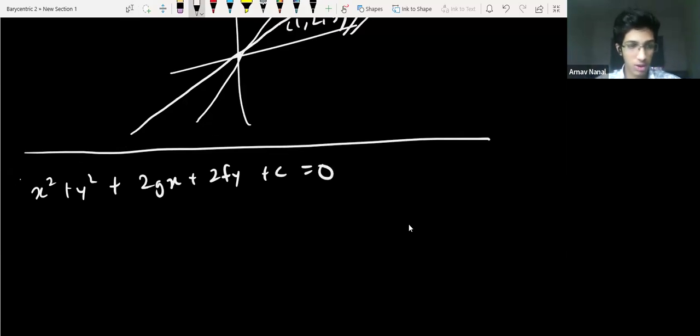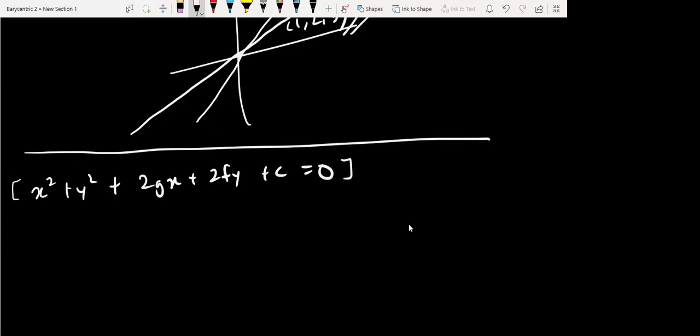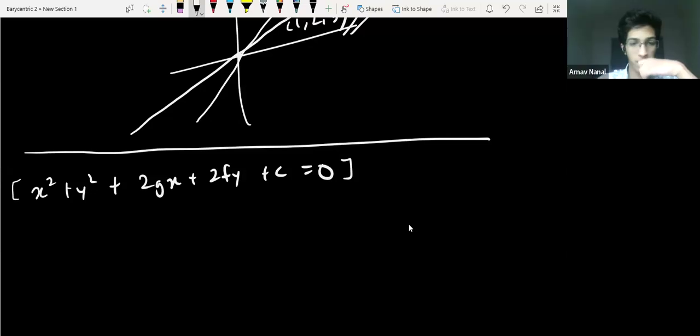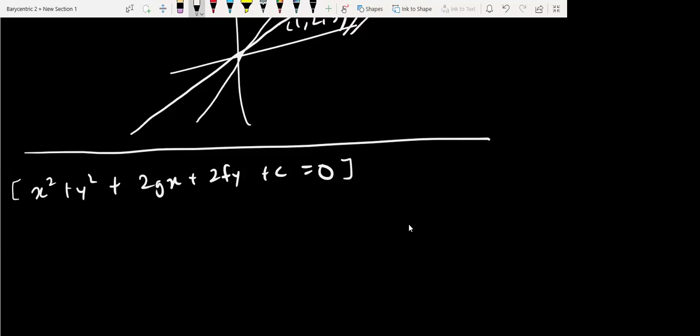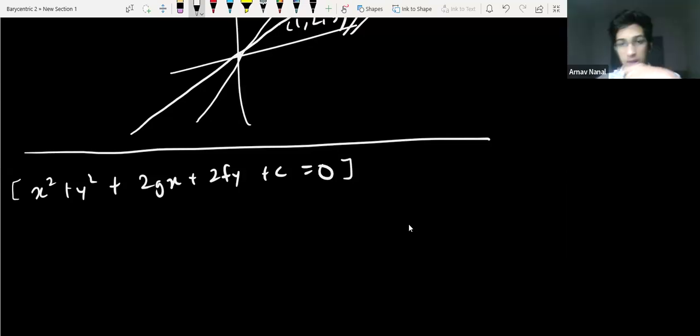Do you think anything of this form can still be used in the new systems? I don't think so. Why? I think all the terms should be of the same degree. Yes, exactly. So the equation has to be homogeneous.